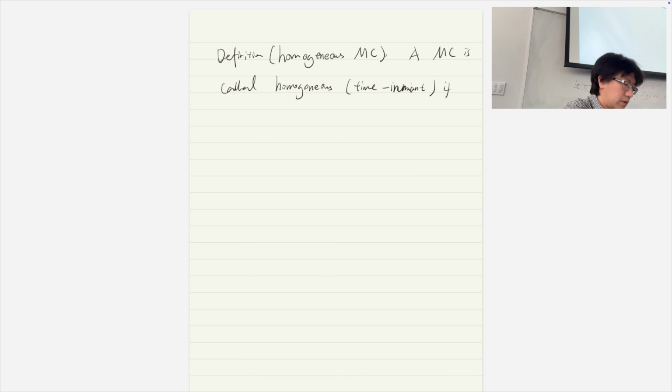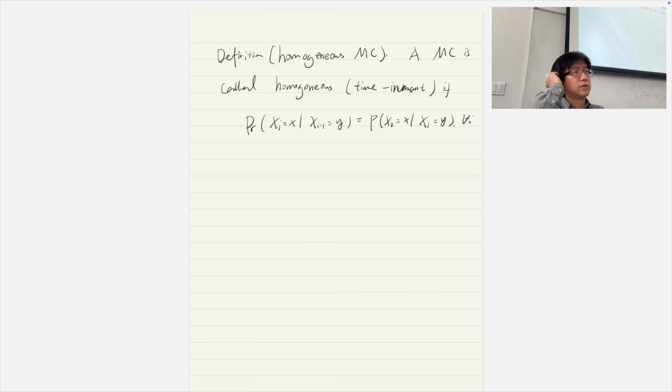if the probability that X_i equals x given X_{i-1} equals y equals the probability that X_2 equals x given X_1 equals y, for all i. Basically it doesn't matter what the time index is; it does not depend on time.